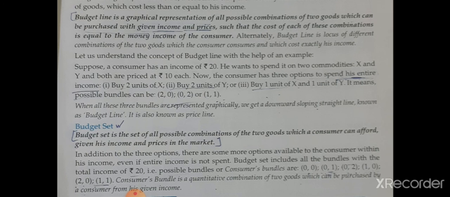But the budget line shows all possible combinations of two goods which can be purchased with the given income and prices, such that the cost of each of these combinations is equal to the money income of the consumer. That is a very important point in budget line.